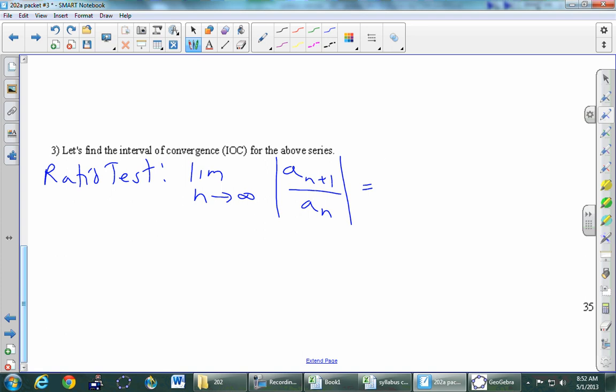Okay. We're going to copy that limit a bunch of times. And I'll just recopy the series that we had up above. It was 1 over n factorial x to the n. Is that what we wrote?